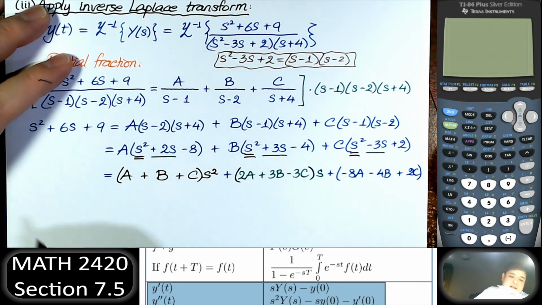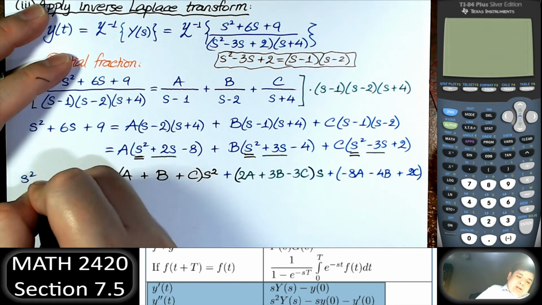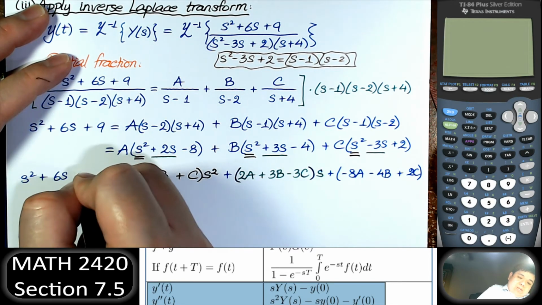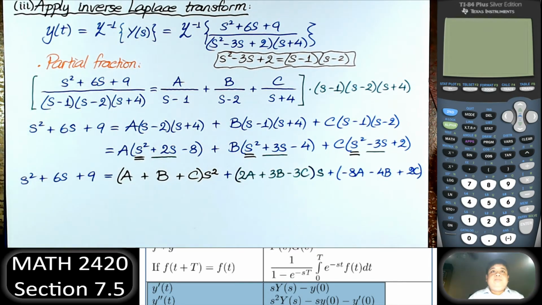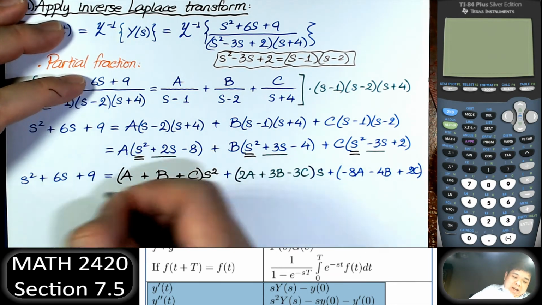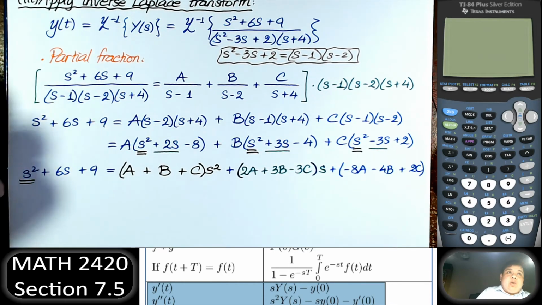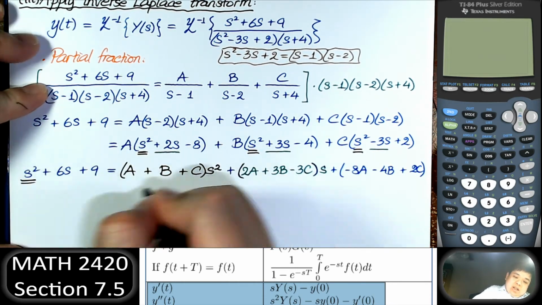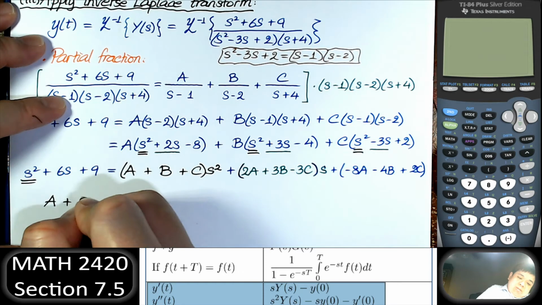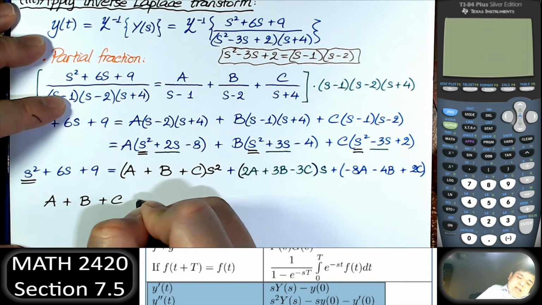And on the left hand side we have s squared plus 6s plus 9. Right. Now, matching the coefficient on s squared, the coefficient is 1, so the first equation is A plus B plus C equal to 1.